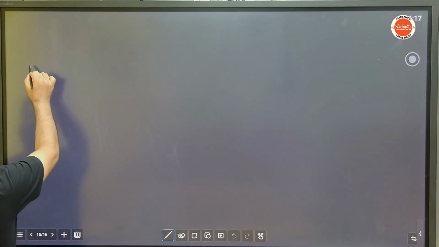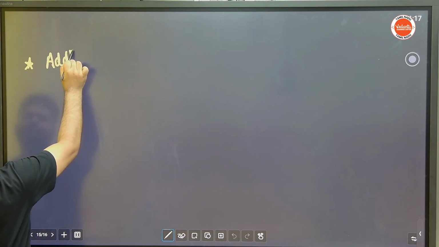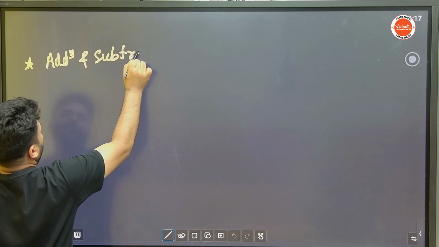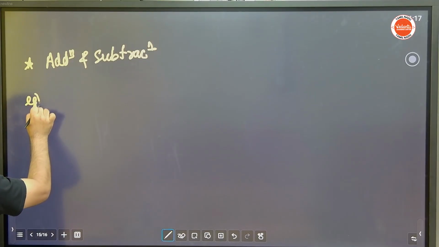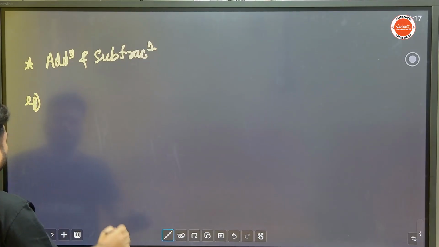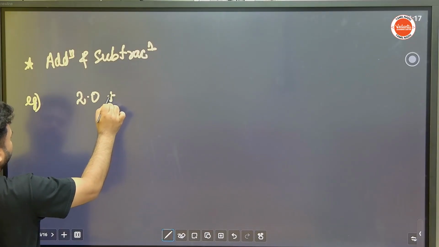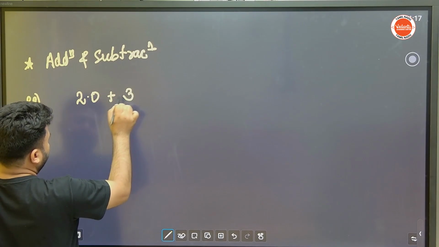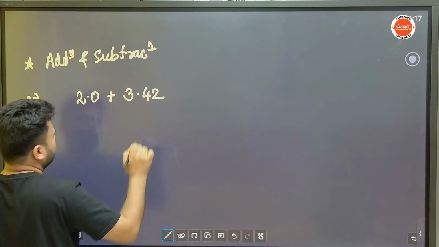Now see, some addition and subtraction. What is the rule? Like for example, I will take one example. 2.0 plus 3.42. You have to add.